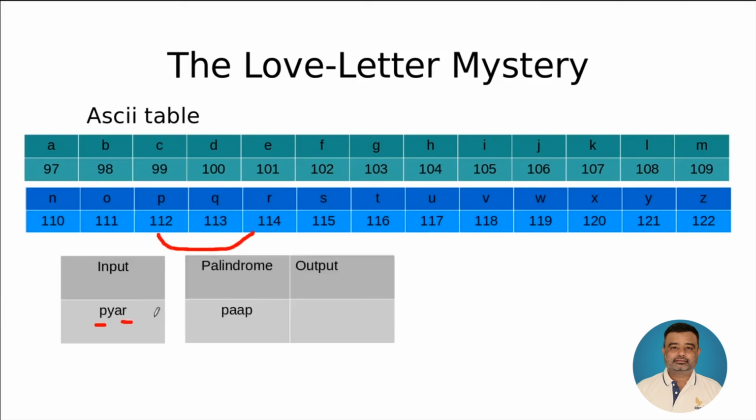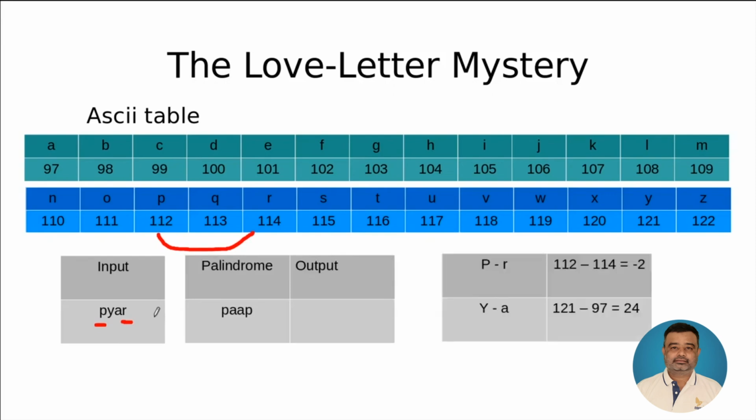It will be PAP. What is P minus R? We get 112 minus 114, which is -2, but if we take the absolute value of this, it is 2. And then 121 minus 97 is 24. 24 plus 2 is 26.